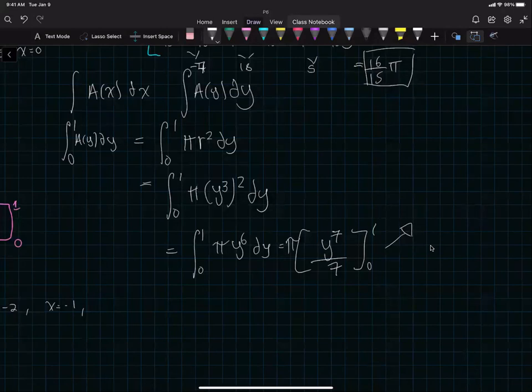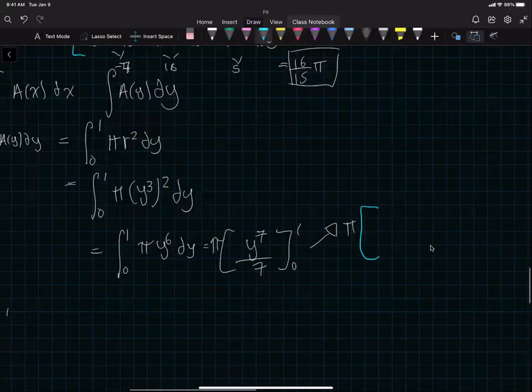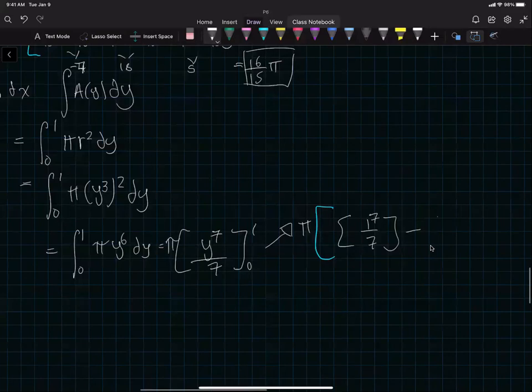This is going to be pi, and my first one is going to be 1 to the 7 over 7, and then minus 0 over 7, and then close parentheses. So my answer is therefore 1 over 7 pi.